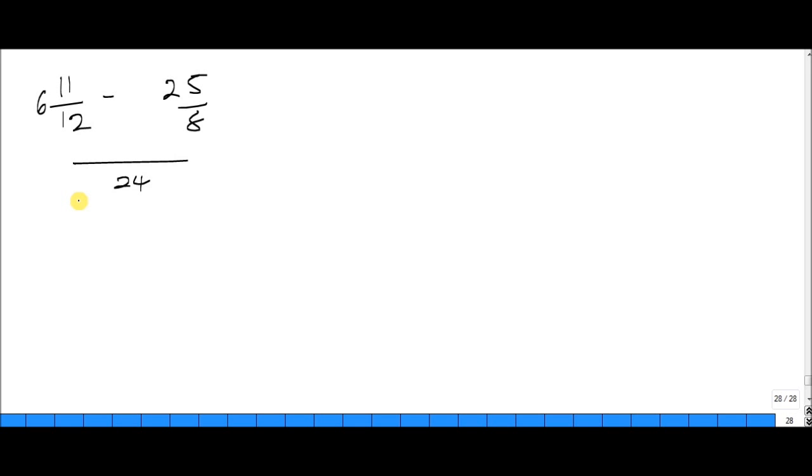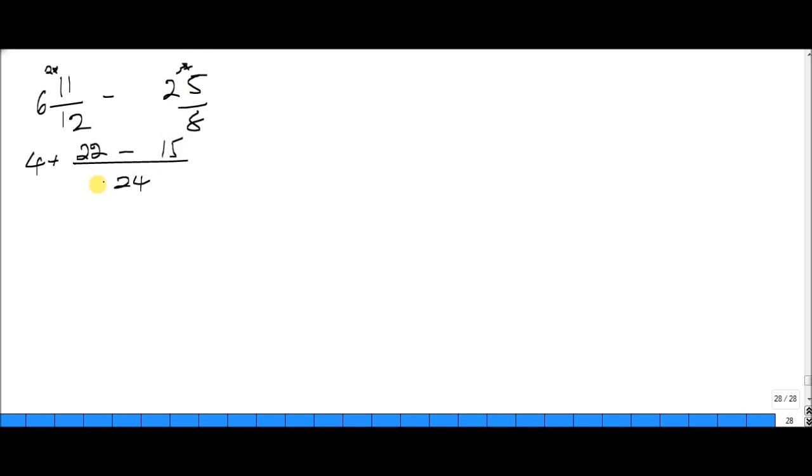Using an LCM of 24, we could say 2 from the 6, dealing with the whole numbers. 2 from the 6 would leave us with 4 plus the fractional part now. 12 into 24 would go 2 times, so this would be 22. 2 11s is 22 minus 8 into 24 goes 3, and 3 5s would be 15.